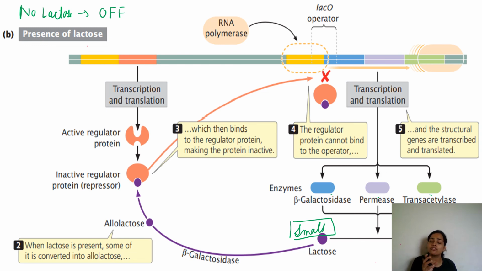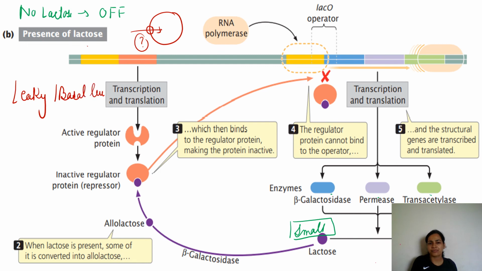How does this lactose enter the cell, because the other lac genes are not active, they are not transcribing, right? So how will permease come here? The reason here is leaky, or we can say basal level, transcription.